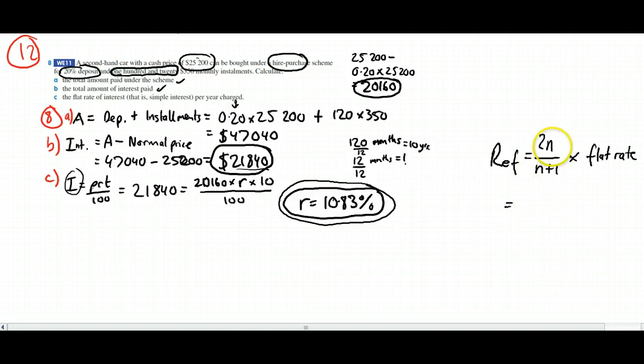Here n is the number of installment periods, which we were told was 120. So it's going to be 2 times 120 over 121, that's 120 plus 1, and then multiplied by the flat rate, which was 10.83%.